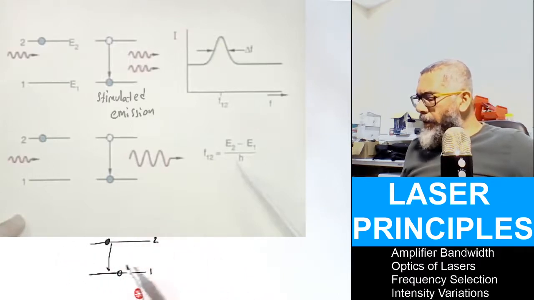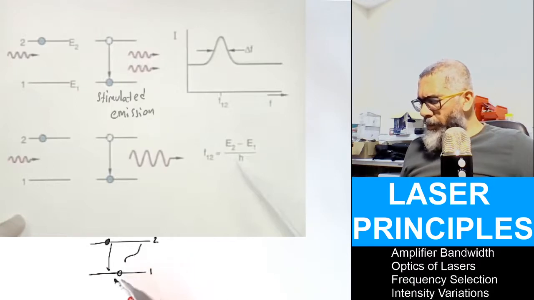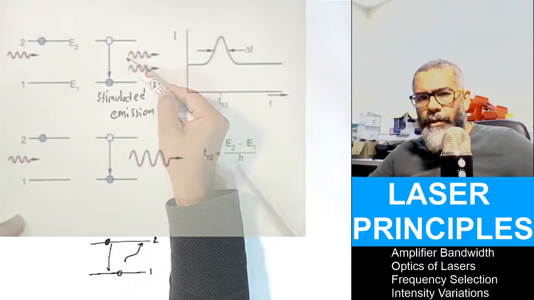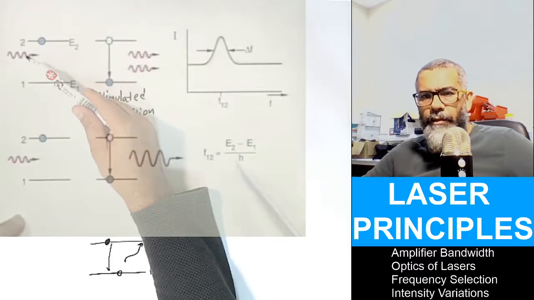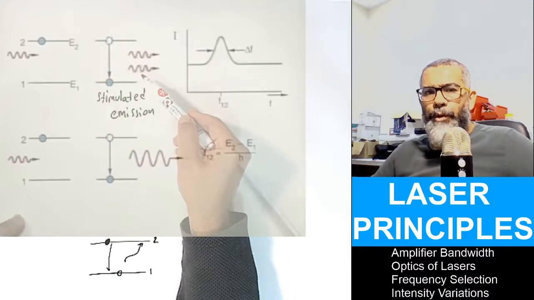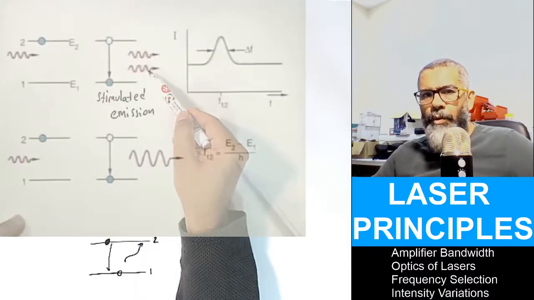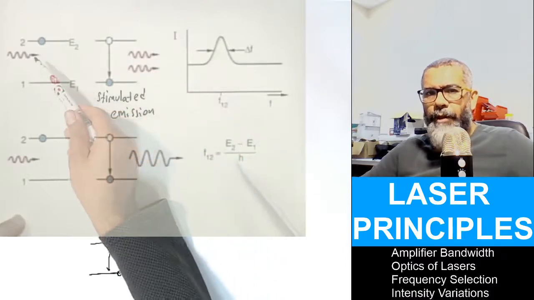But if there are no existing photons around when this electron goes down, it will produce a photon which might go in any random direction. But over here, since we have an exciting photon, the produced photon will not go in any random direction. It must go in the same direction as the exciting photon.